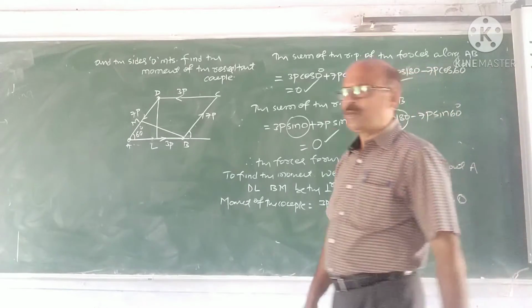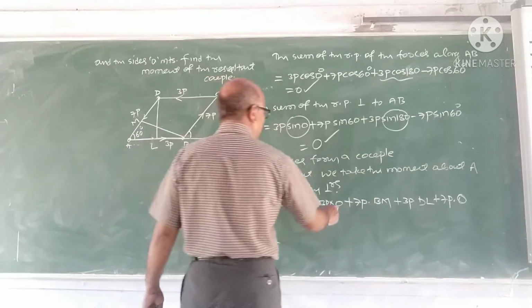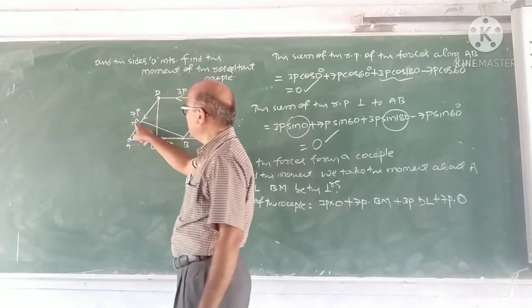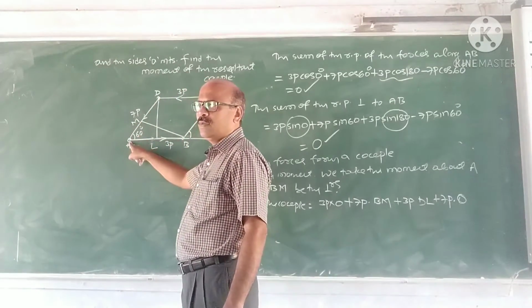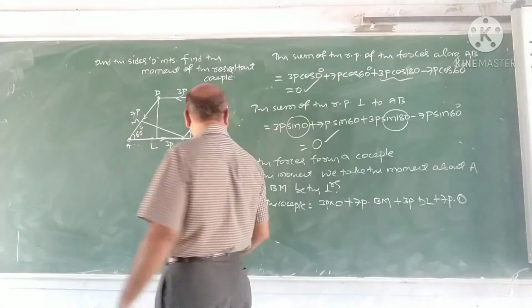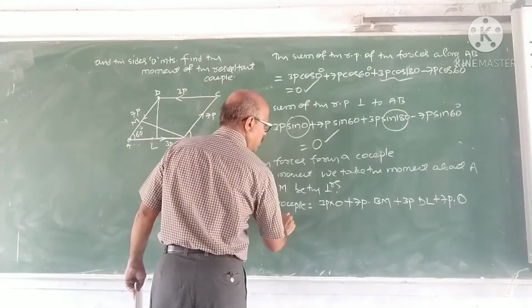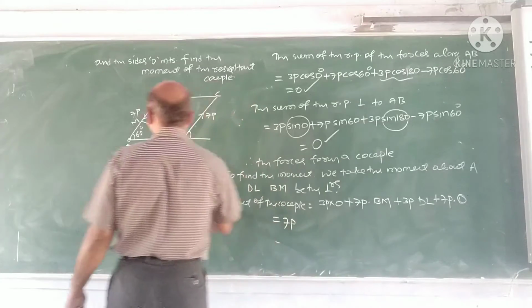Moment means force into perpendicular distance. Here this 7P acting along DA also passes through A. Therefore it is also 0 moment. It is therefore 7P into BM.